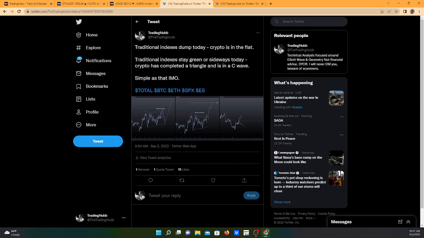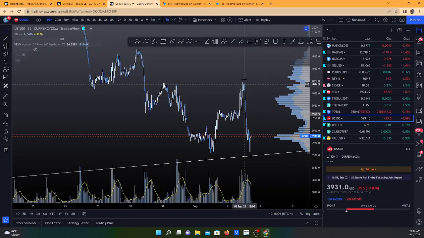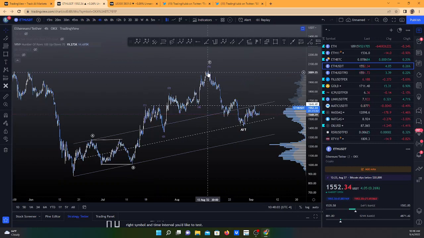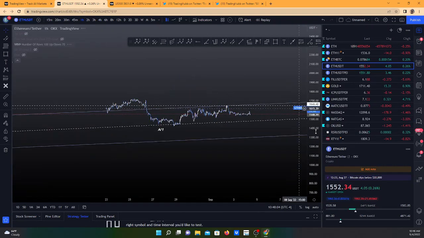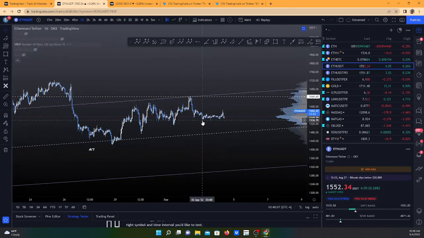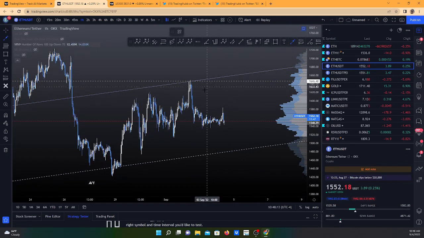If traditional indexes stay green or sideways today, crypto has likely completed a triangle, is in a C wave. So this move here down on the S&P corresponded with this little pump up followed by a sell-off. So while the S&P is dumping, it's not likely crypto was going to pump for the C wave.